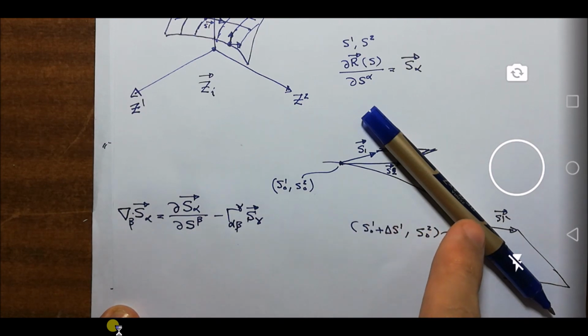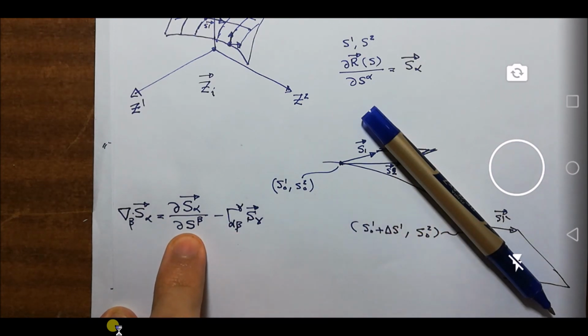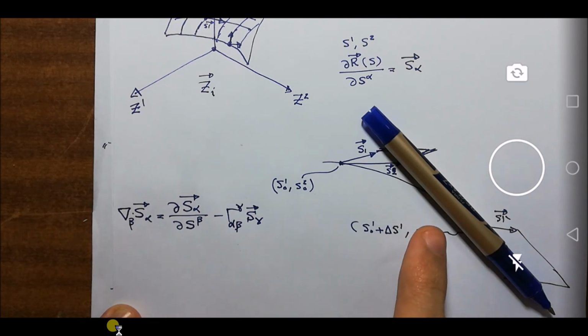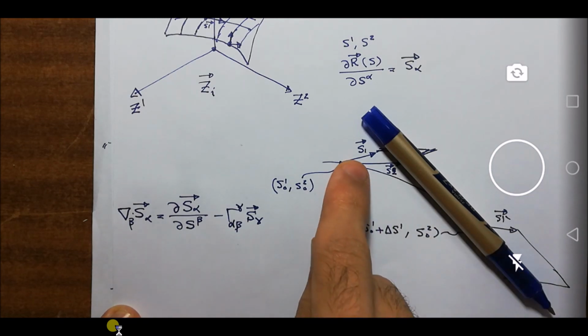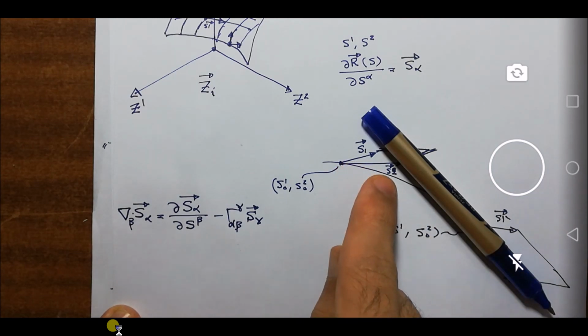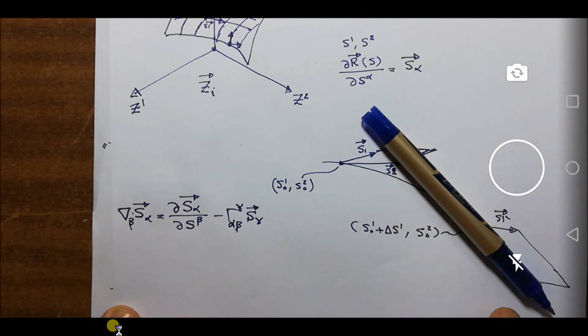So this is the partial derivative of the covariant basis. Actually one of them. There are actually 4. This one is just one of them. Now, what is strikingly noticeable about this resulting difference vector is that it doesn't belong to either one of those two planes defined by S1, S2, or S1 prime, S2 prime.